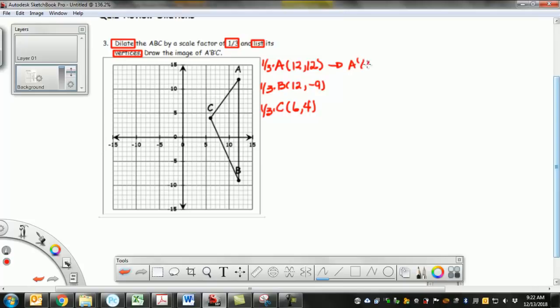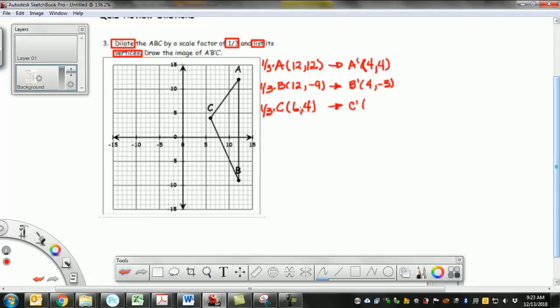So 3 divided into 12 is 4. So that'll give us a double 4 right there for A'. B' will give us another 4, 3 divided into 12 is 4, and then 3 divided into a -9 will be a -3. And then last of all, 1/3 of 6 for C' will be 2.